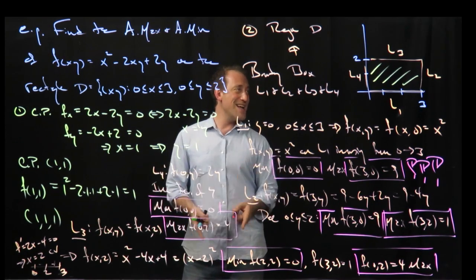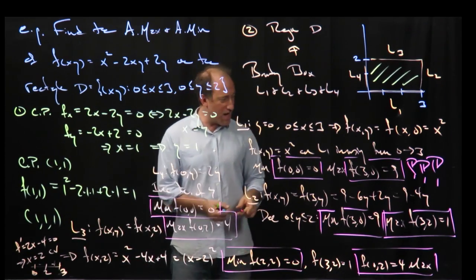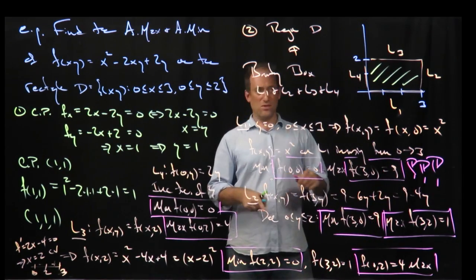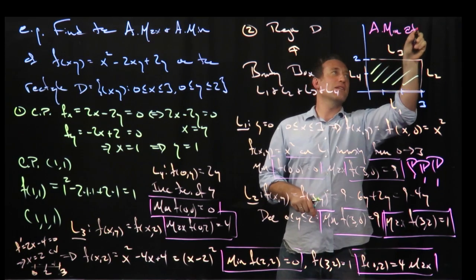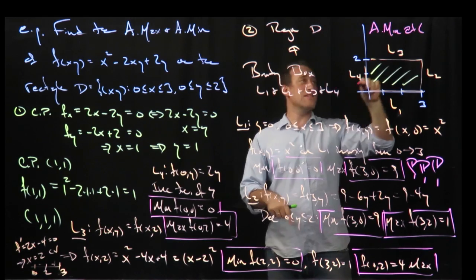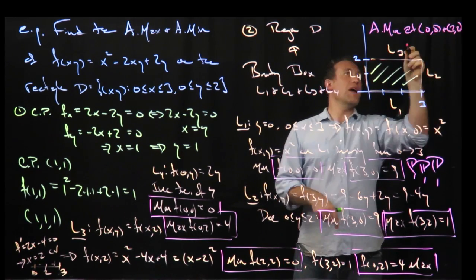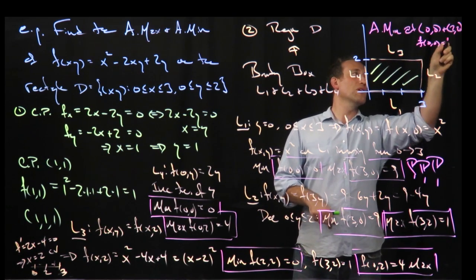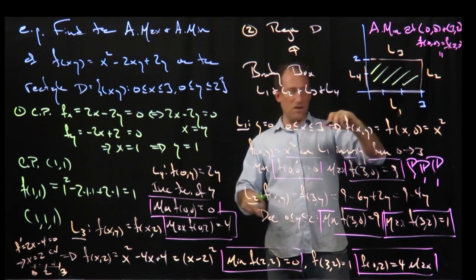So, to answer the question, I've got an absolute min at both 0, 0 and 2, 2. And the minimum is equal to f of 0, 0, or f of 2, 2, which will be 0.